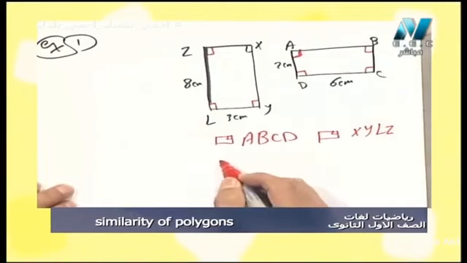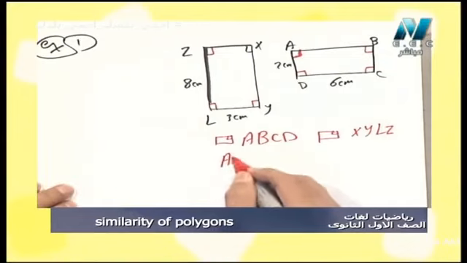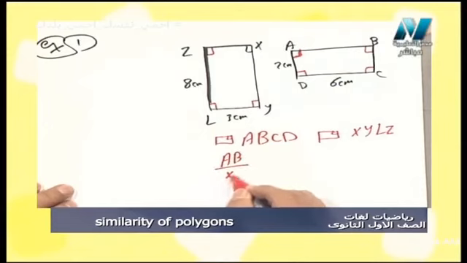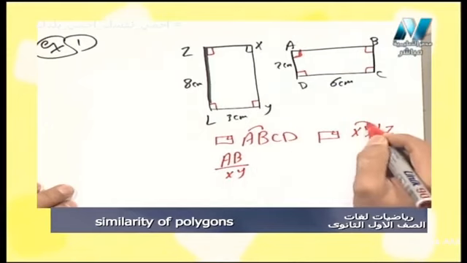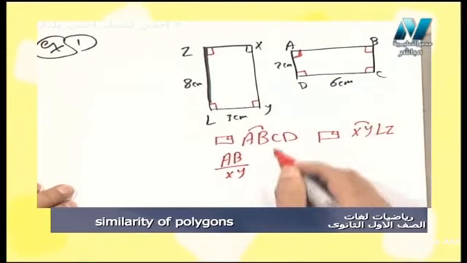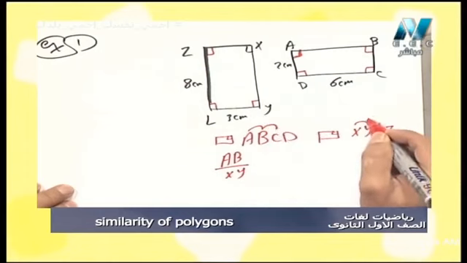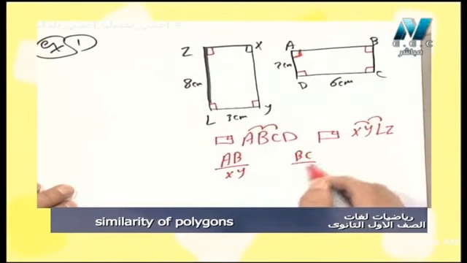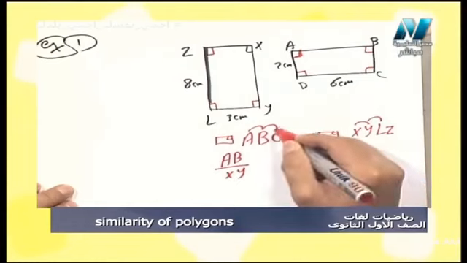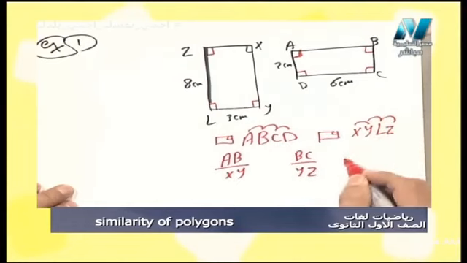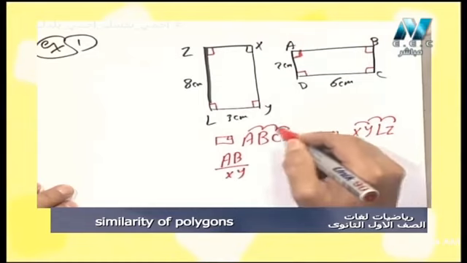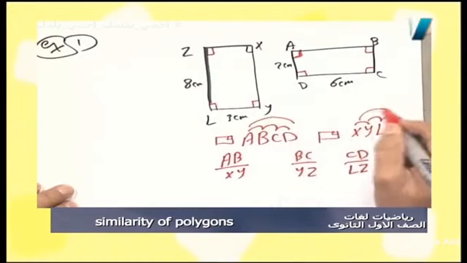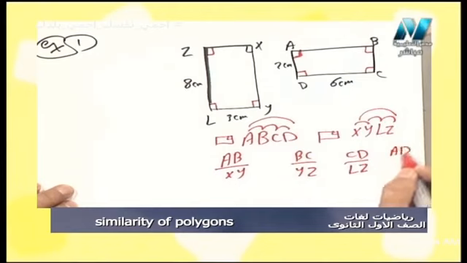Try to find AB over XY, of course, BC over YZ, CD over LZ, and finally AD over XZ.